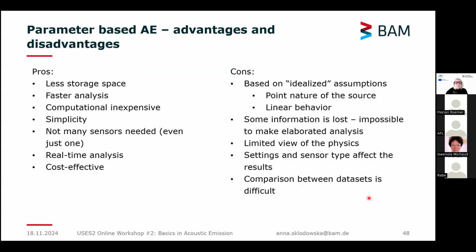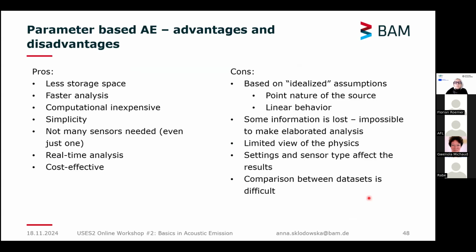On the other hand, it's based on idealized assumptions. This is also worth keeping in mind: we assume a point nature of the source, and also that we have a linear behavior. And some information is also lost. It's impossible to make an elaborate analysis. We have, in this case, also a limited view of the physics.